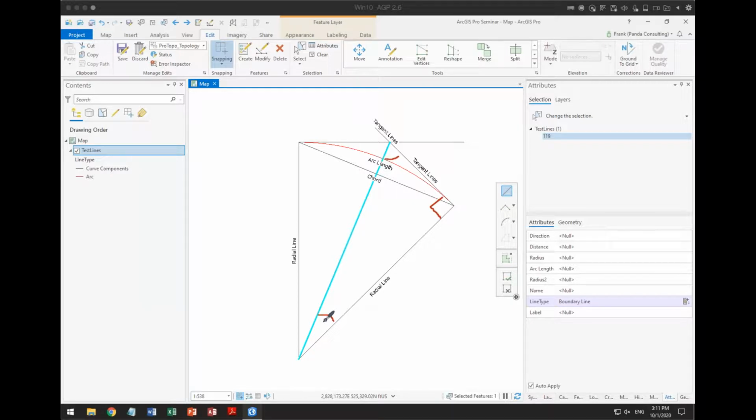An interesting thing, and by the way, these two are equal because the tangent distances are both equal. This angle that is subtended, the angle created by the two radial lines, is called the central angle or the delta angle.